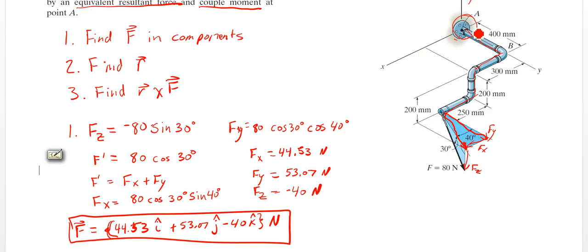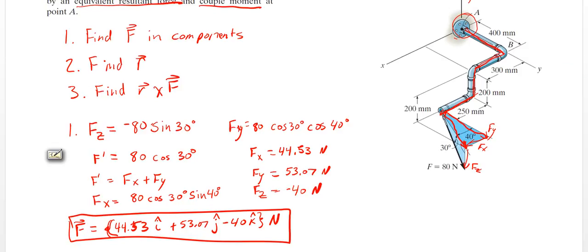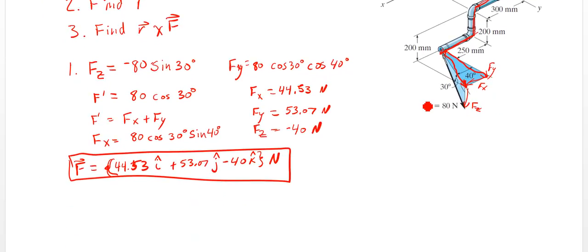The next step, step 2, is going to be to find R. We see here we're going 400 millimeters or 0.4 meters in the y, then 0.3 in the x, negative 0.2 in the z, and another 0.25 in the x. We can take this component here and subtract off our A coordinate system. So in x we went 250 plus 300, so R is 0.55 i, positive because we're going in the positive direction.